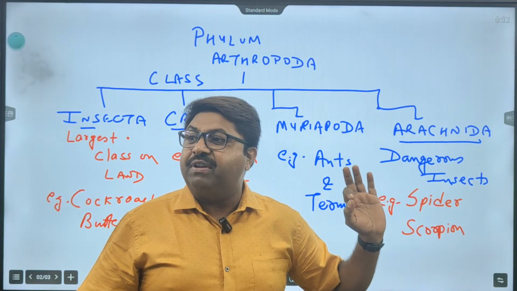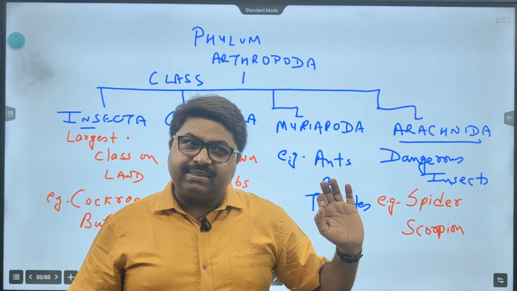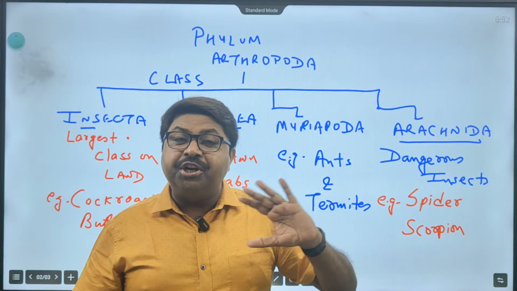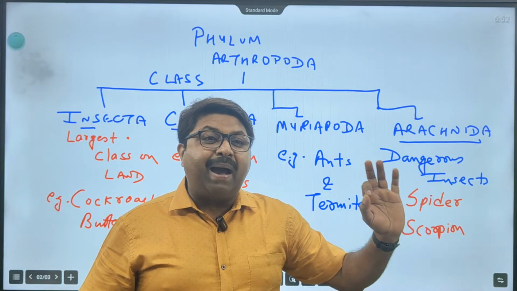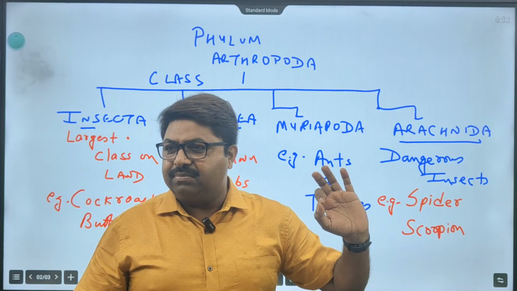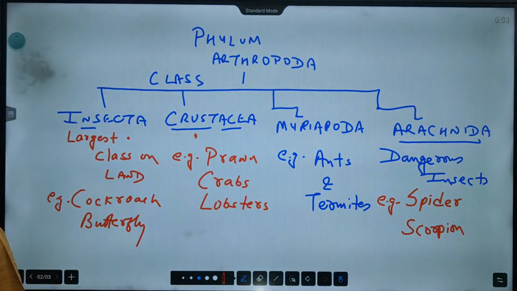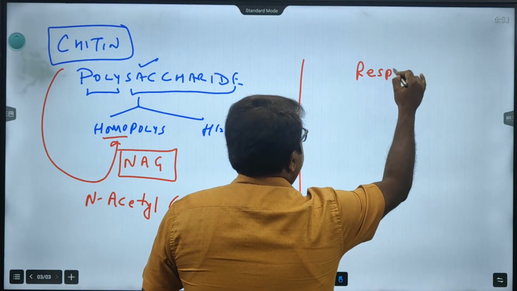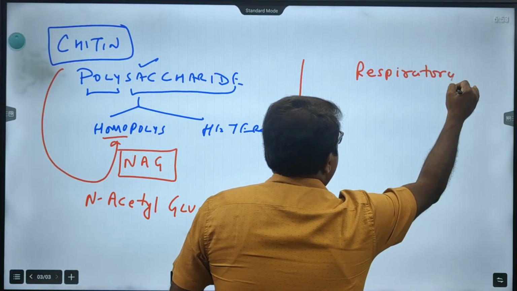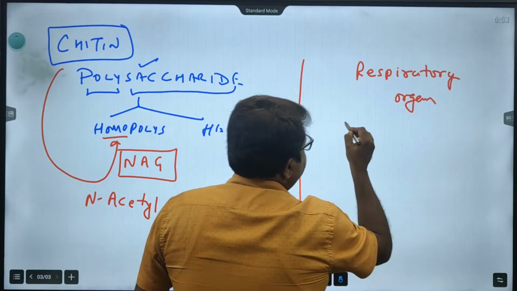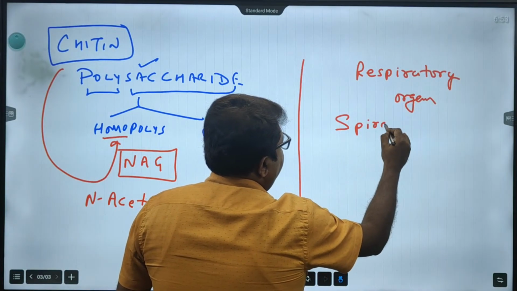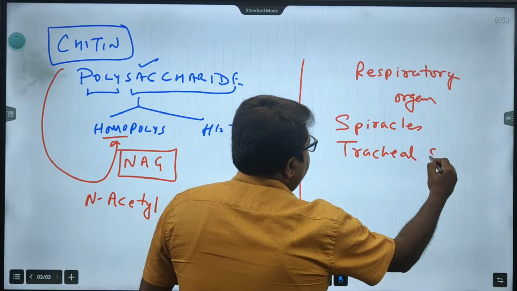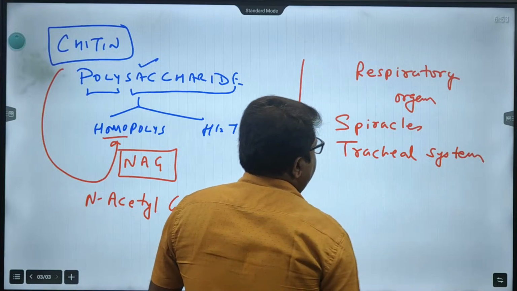because they have got the respiratory organs as book gills and book lungs. So what is the respiratory organ? The majority of the arthropods have got spiracles and a tracheal system, or we call it trachea, as the respiratory organ.